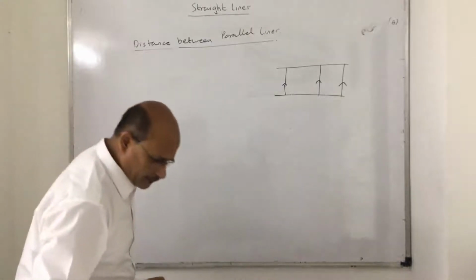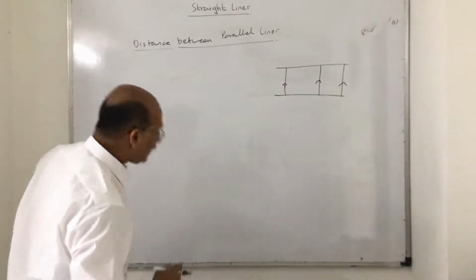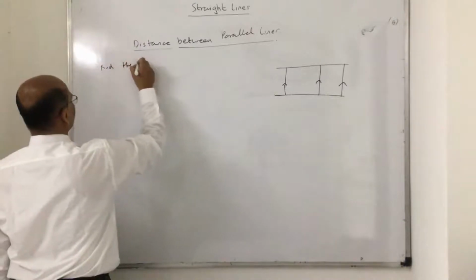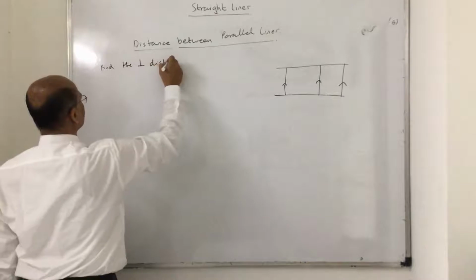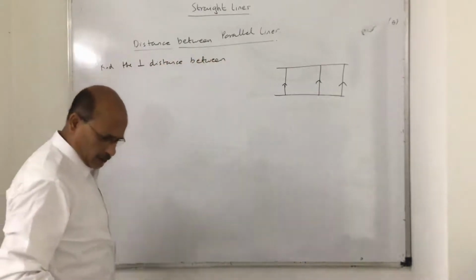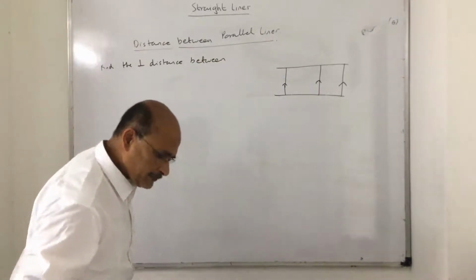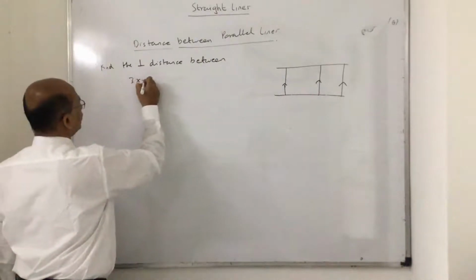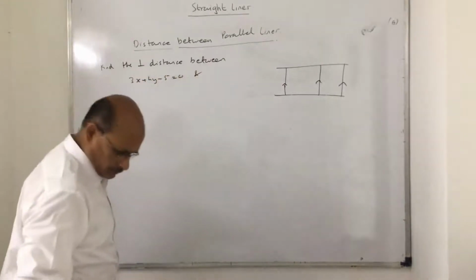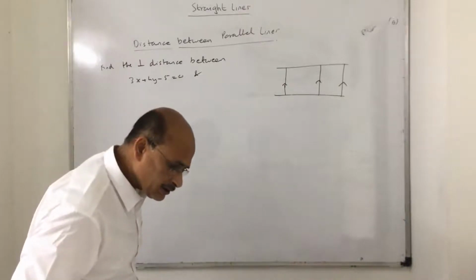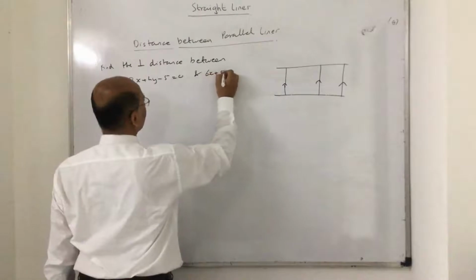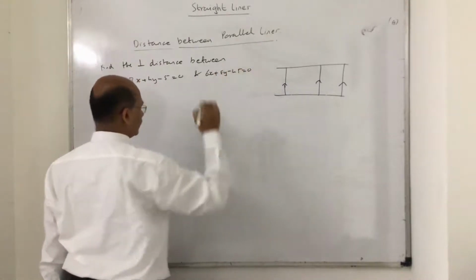Suppose I say, find the perpendicular distance between 3x plus 4y minus 5 equal to 0 and the next line, 6x plus 8y minus 45 equal to 0.